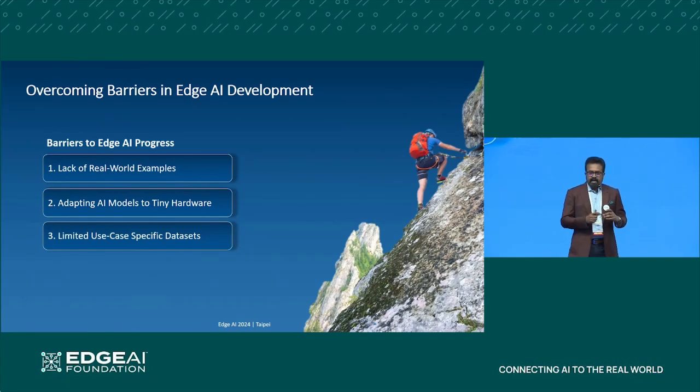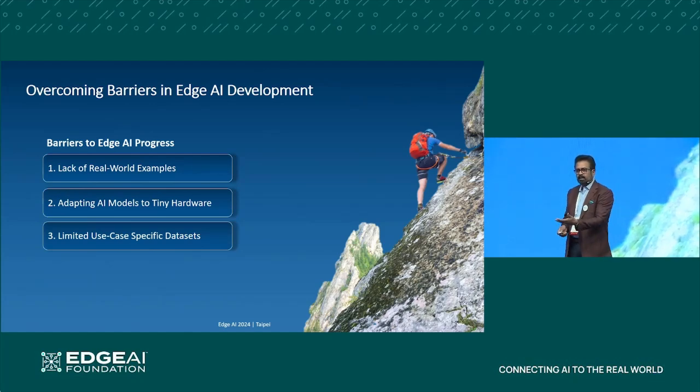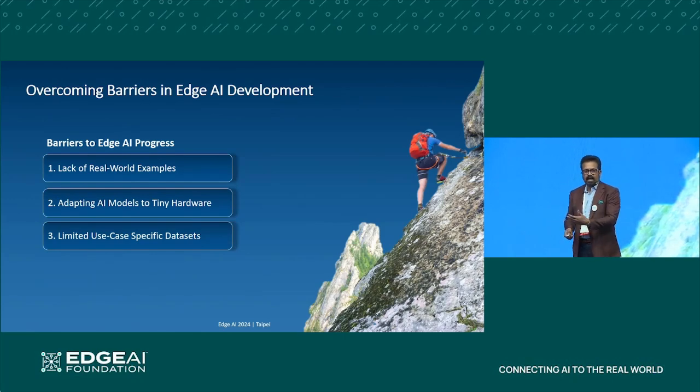And taking these models and adapting them to tiny hardware or edge hardware is also an embedded engineering challenge, which again, he clearly highlighted, and I loved the way he segmented it into two: customer challenges and engineering challenges. And finally, data sets. Data sets become very critical if you have to implement edge intelligence. So these are the three big challenges.